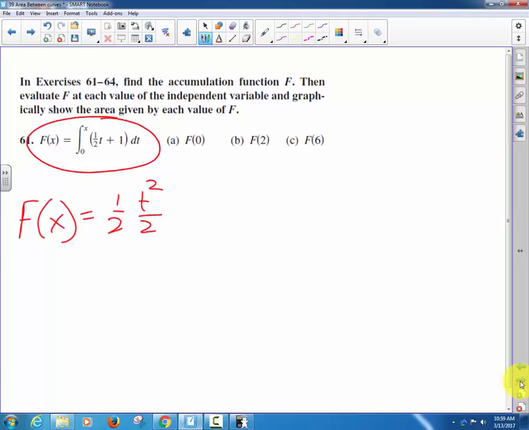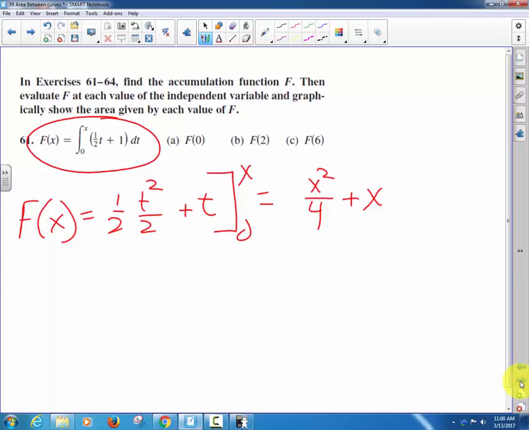If I take the derivative of that, I have the 1/2. T squared over 2 becomes t, plus integral of 1 is t, evaluated at 0 and x, right? Well, that becomes x squared over 4 plus x when I plug in x, right?